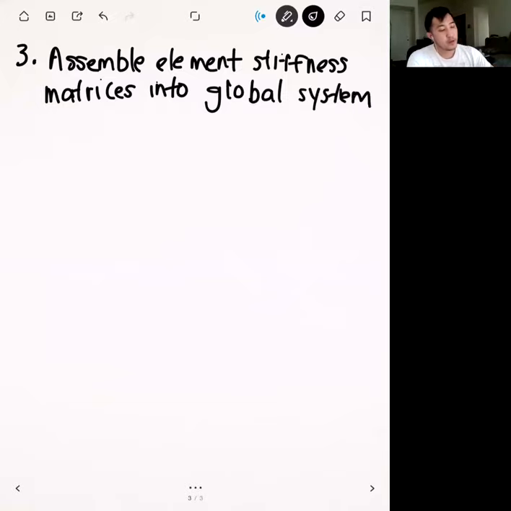Okay. And so remember, the global system represents a system of linear equations that we're going to solve for all the nodal degrees of freedom in our system.